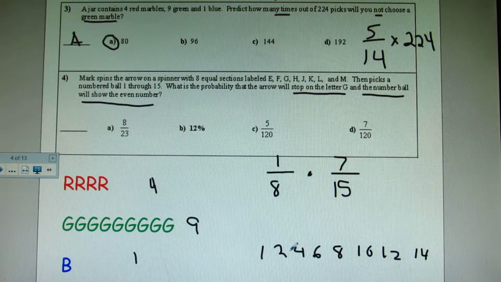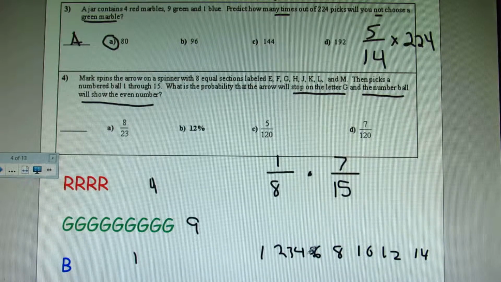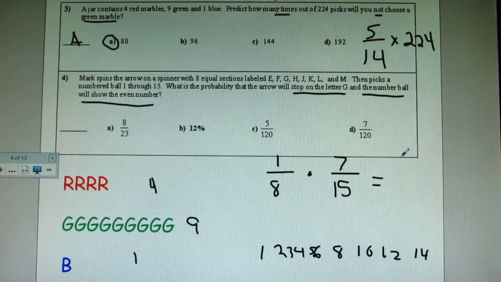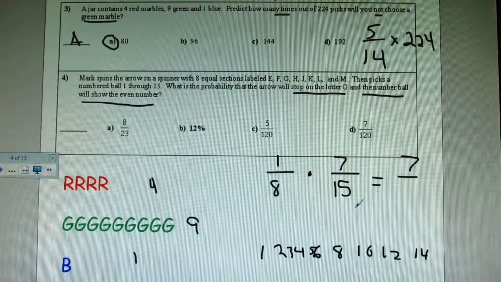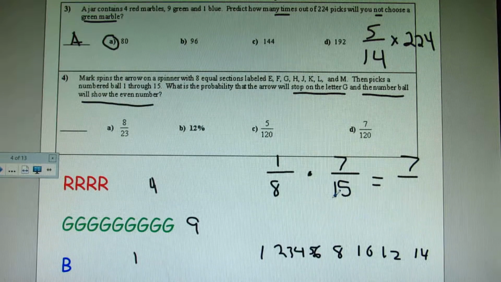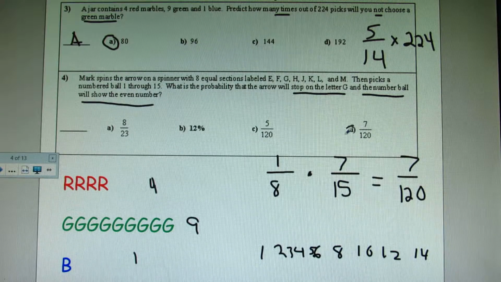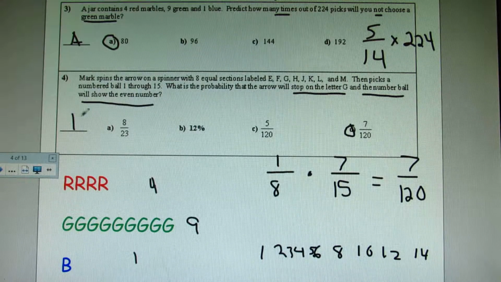Multiply those straight across, and hopefully I'm going to get 120, and I do. So my answer is 7 out of 120.